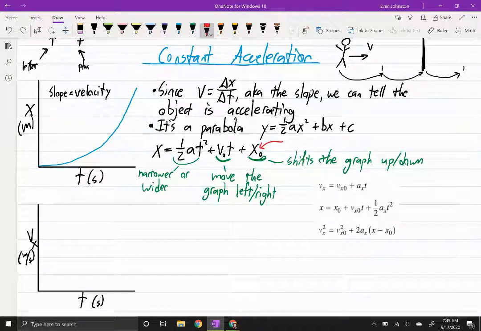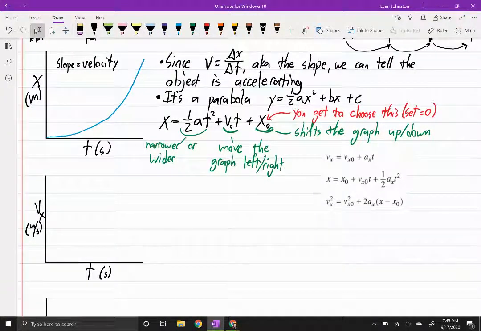Well, you could choose to say, well, let's just say where Johnson started was 0 and make life easier. And that's totally fine because you get to choose where it is. So you, not me, you get to choose this. And most of the time you're going to want to set it equal to 0 just to make life easier, so you have one less math term to worry about, all right?